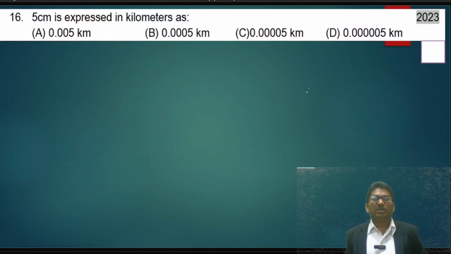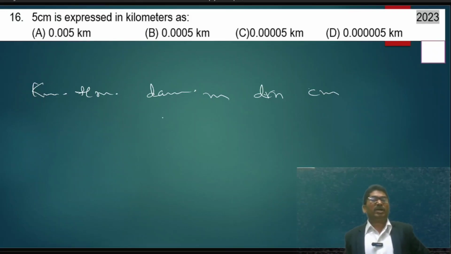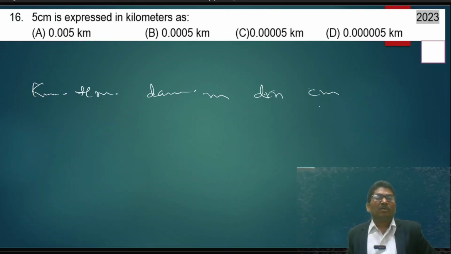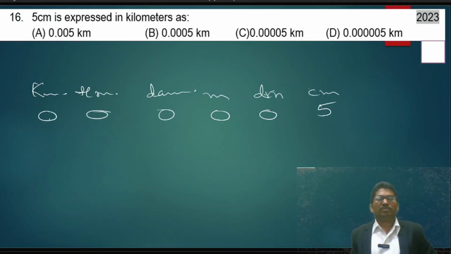Centimeter, decimeter, meter, decameter, hectometer, kilometer.